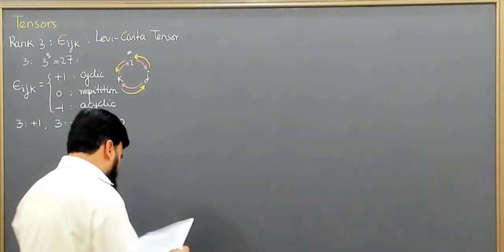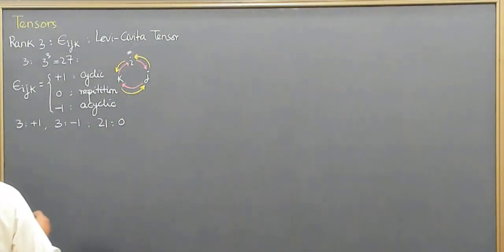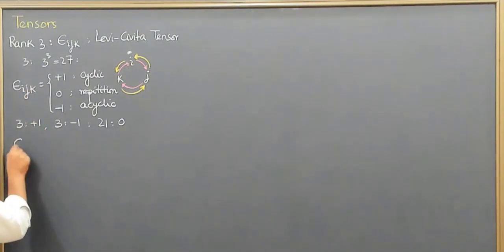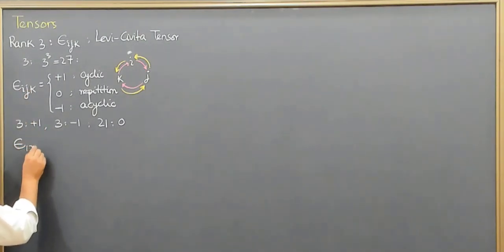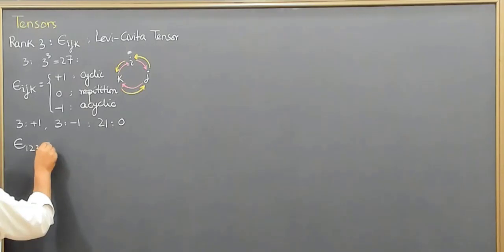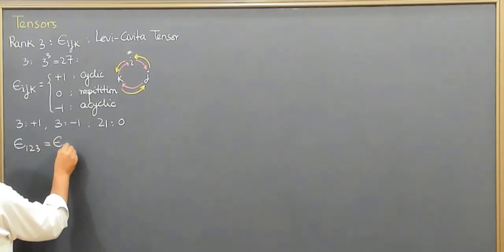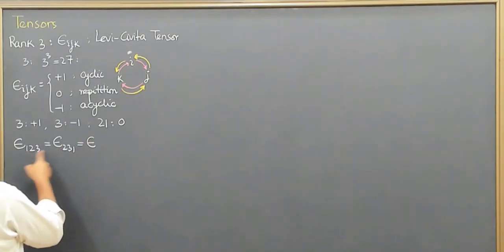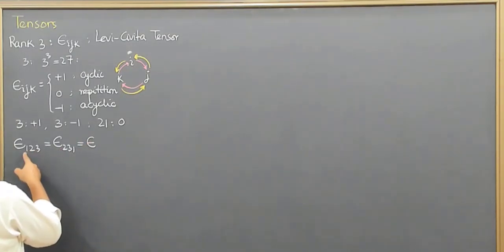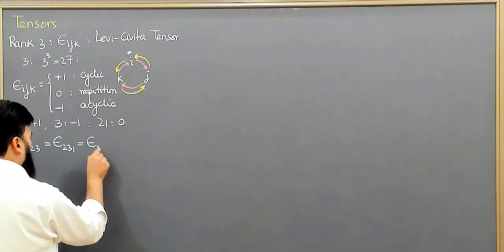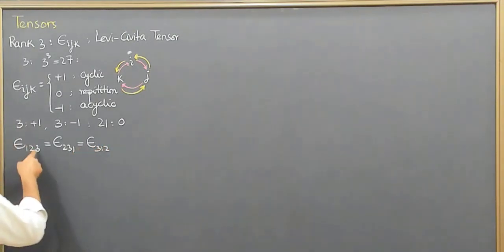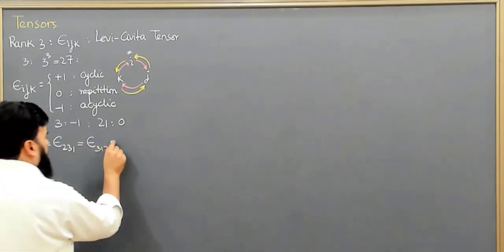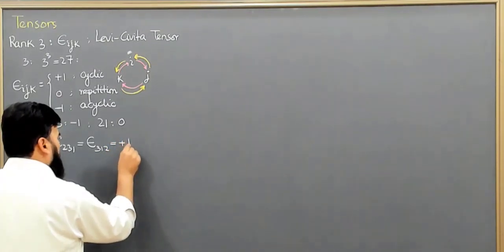Let me say it further. Cyclic means epsilon 1, 2, 3, epsilon 2, 3, 1, and then 3, 1, 2. These will be equal to +1.